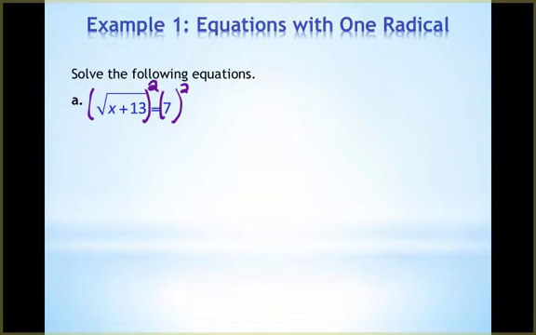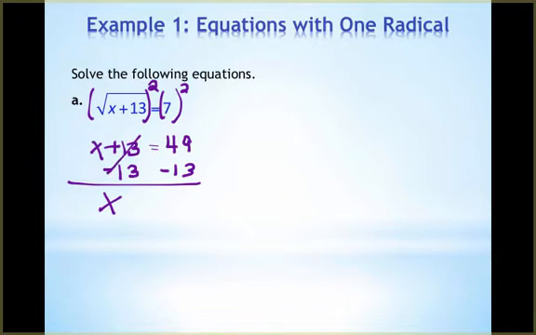When you square the square root of x plus 13, you just get x plus 13 equals, and then I need to square 7, which is 49. Now we need to solve by subtracting 13 from both sides, because we're trying to find what x would equal. Positive 13 and negative 13 would cancel, and 49 minus 13 would be 36.